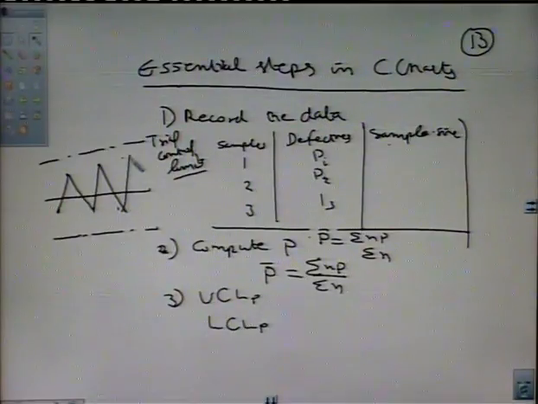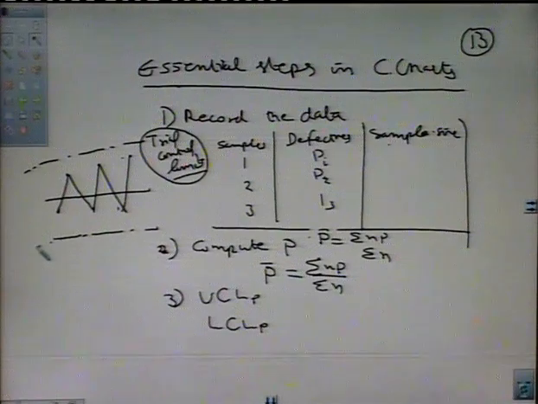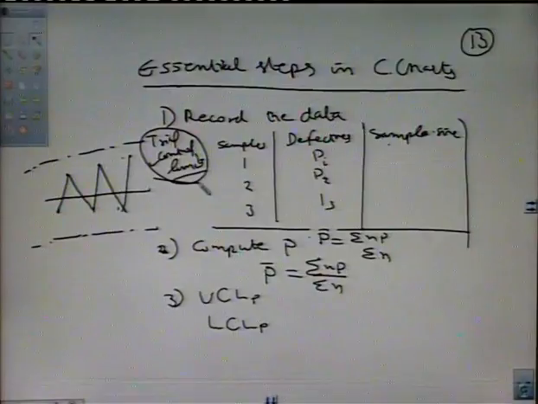If all the points are randomly distributed and falling within the control limits, we will use these control limits as the final control limits, but till we actually find out that all the points are falling within the limits and the process is under statistical control, we cannot say that these control limits will become our final limits. So at the initial stage these are known as trial control limits.